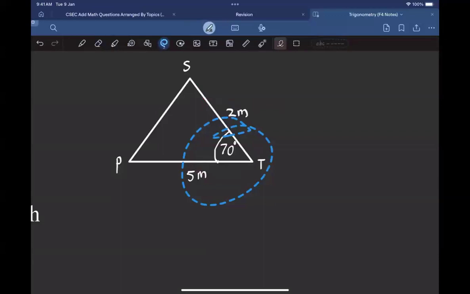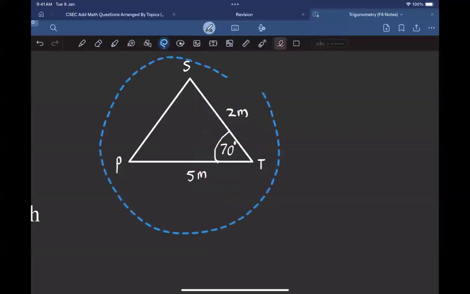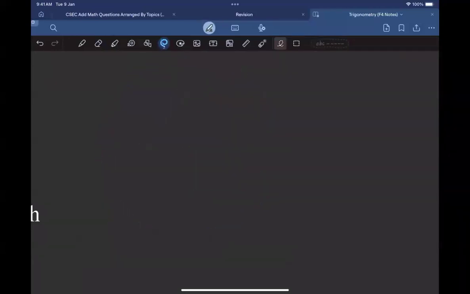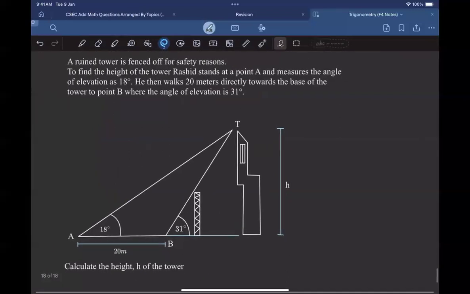All right, Rihanna, let me hand over this question here. Give it a read. A ruined tower is fenced off for safety reasons. To find the height of the tower, a surveyor stands at a point E and measures the angle of elevation to be 18 degrees.